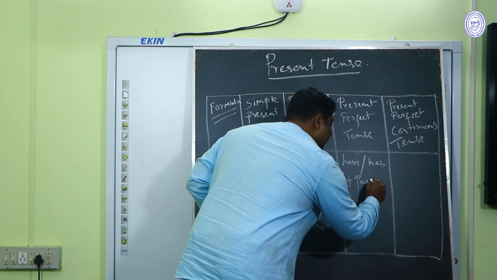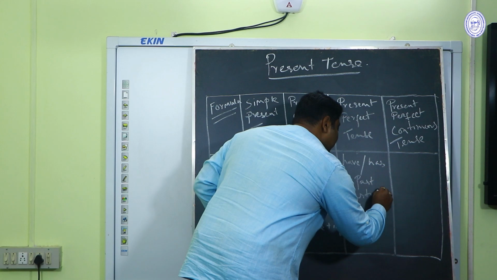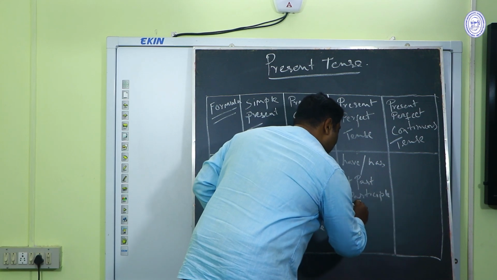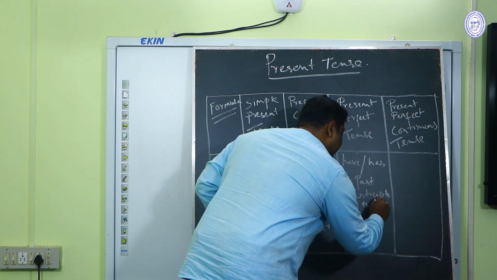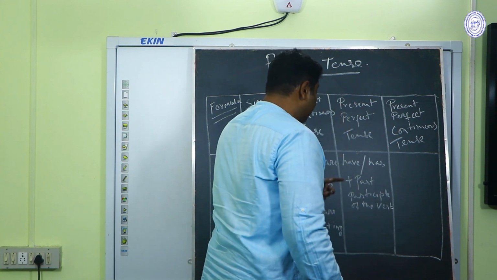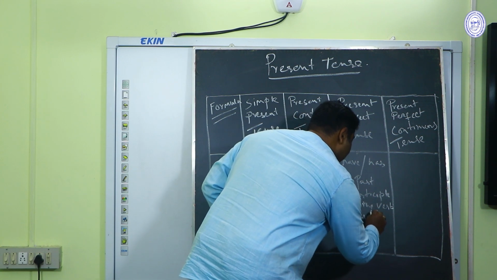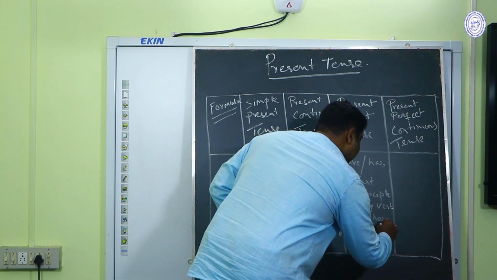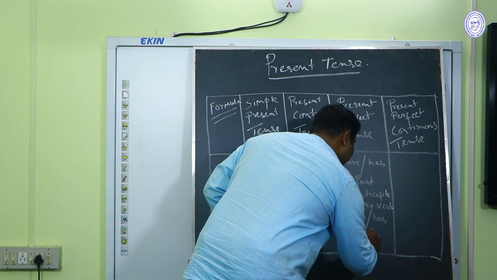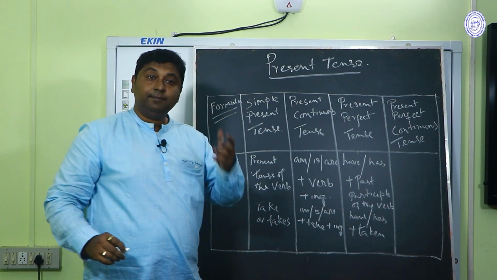Past participle of the verb. The verb here is take, so it will be have or has plus T-A-K-E-N, taken. Is that clear?